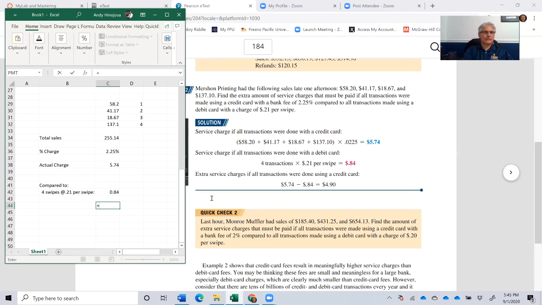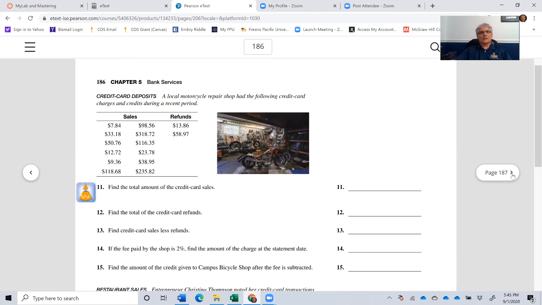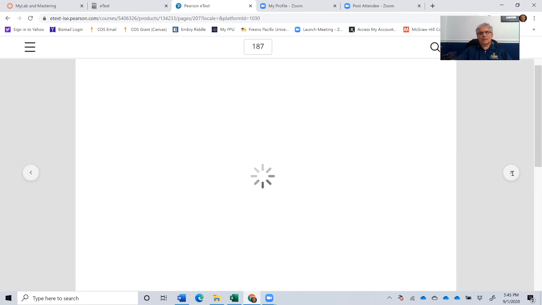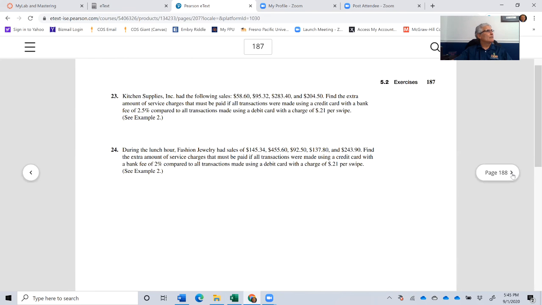We'll take the difference to figure out the savings if we went with the swipes. The bottom line is it's going to cost us $4.90 more if we pay the charge of 2.25% compared to just paying 21 cents per swipe. It takes care of 5-5.2.